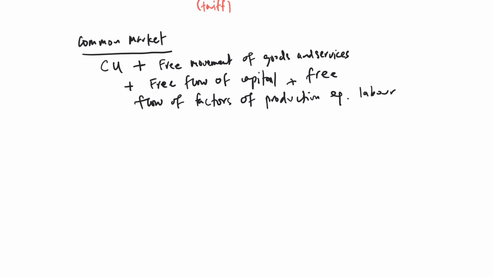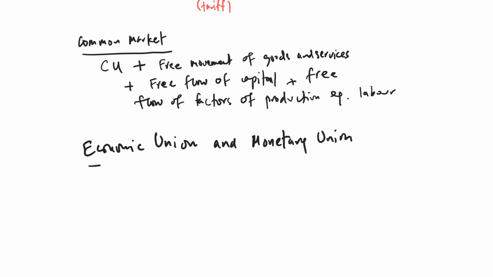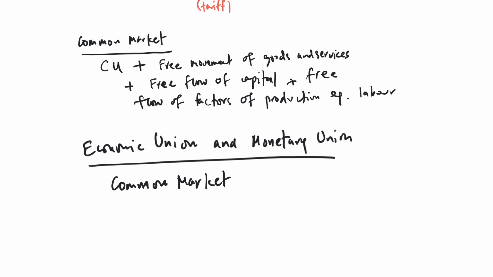The last one is what we call economic union and monetary union. In an economic union and a monetary union, not only do you have a common market, which was there, but at the same time you might have what we call a common tax policy, where all your direct taxes and indirect taxes will be similar, which is what we call fiscal policy.